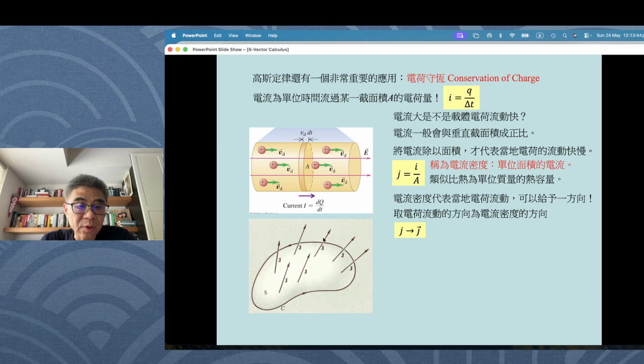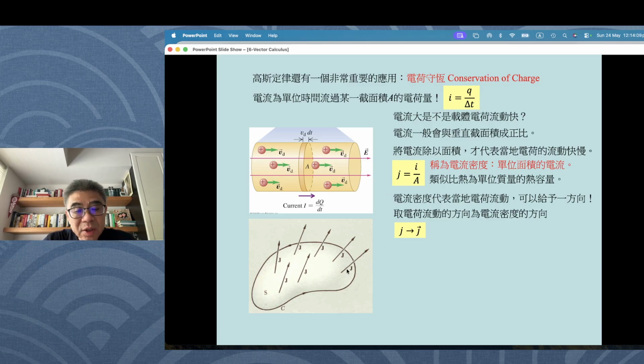For example, if you have a current like a debris flow in this diagram, then the direction of charge moving could be very different at different places in space, unlike in a conductor wire.